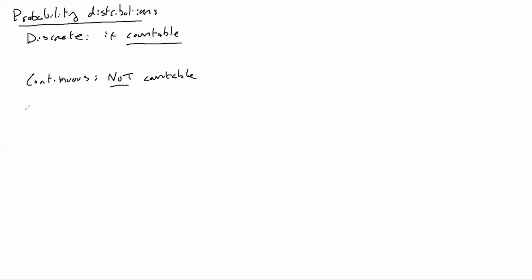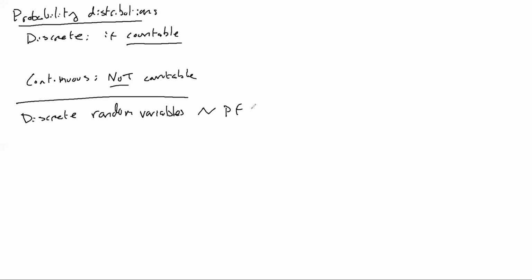For discrete random variables, they follow a probability function or a probability mass function. I'll just say PF, or probability function. This specifies the probability that the random variable takes a very specific value.